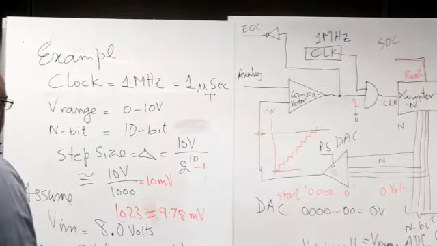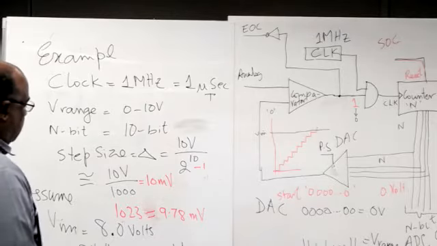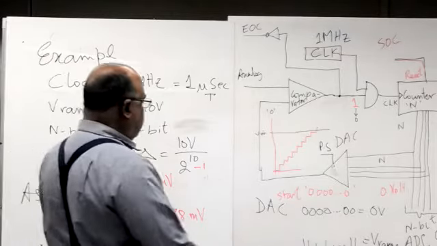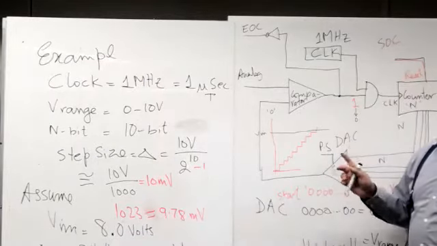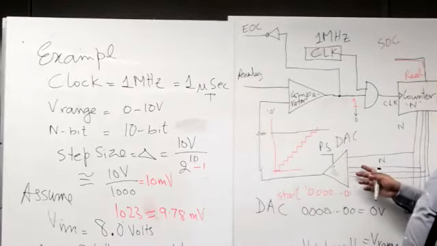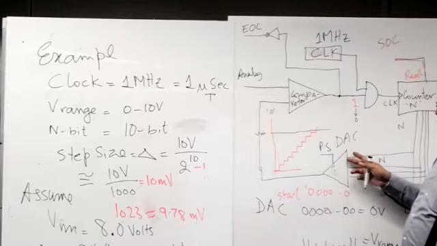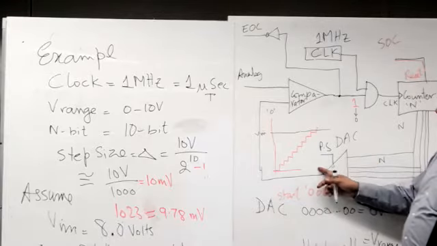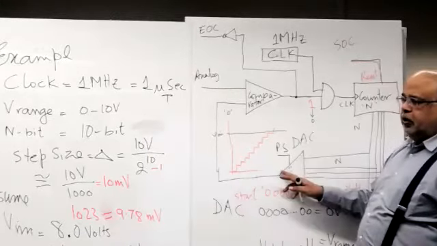और 800 स्टेप्स हैं तो बेसिकली क्या होगा कि it will start counting. So when it goes from 000 to 001, very important concept, output will be 10 millivolt. 0010 to 20 millivolt, 0011 to 30 millivolt.